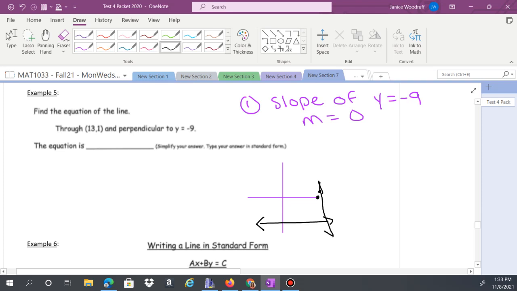If I could draw that. There we go. What's the x value of this point? Every single x value will be the same on a vertical line like we looked at just a little bit ago. So the equation is x equals 13.